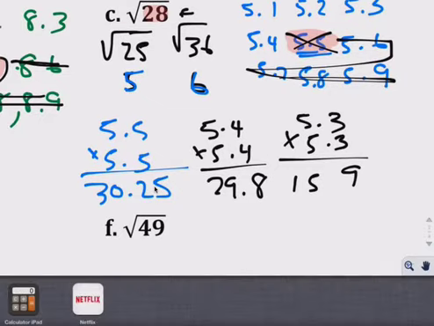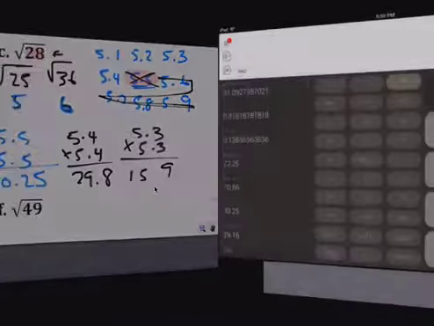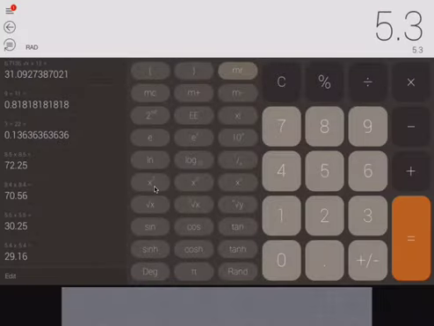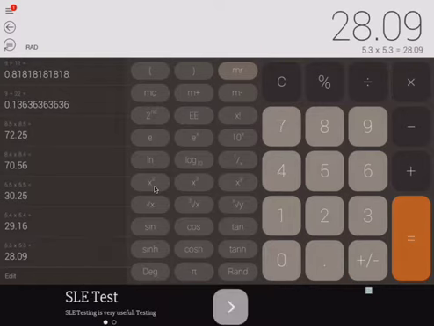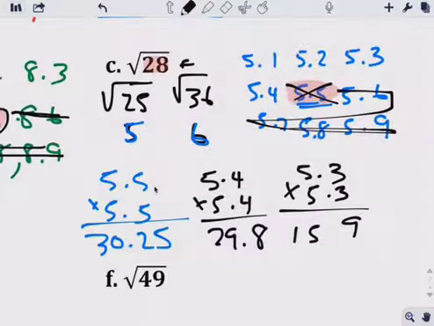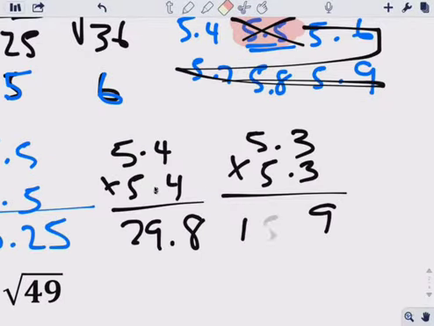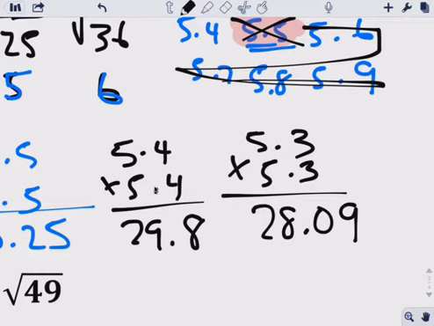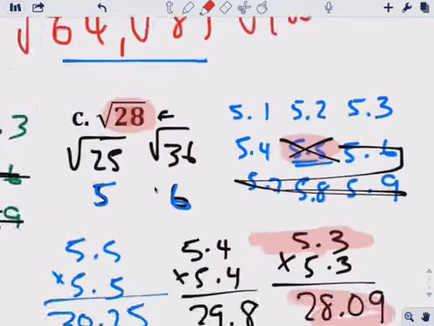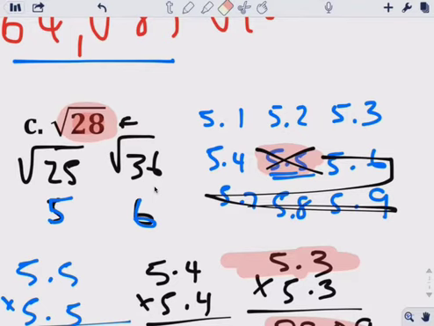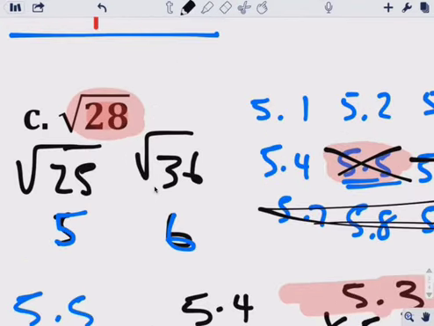Oh, why am I multiplying when there's calculators? 5.3 times 5.3 equals 28.09. Wow, that's really close. Bingo! That is the closest to 28. So my answer is 5.3. So the best answer for square root of 28 is about 5.3.